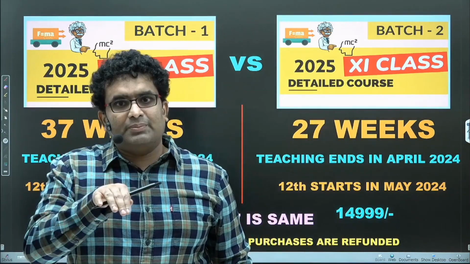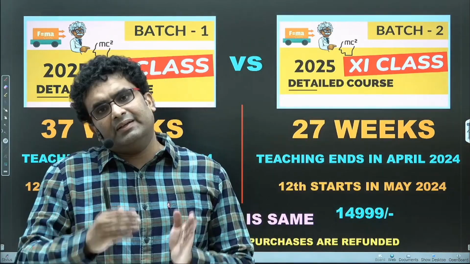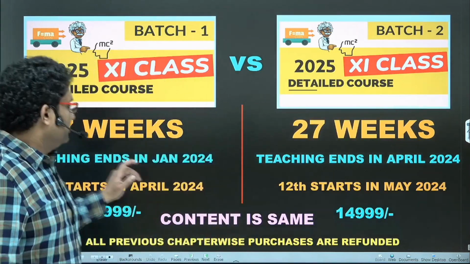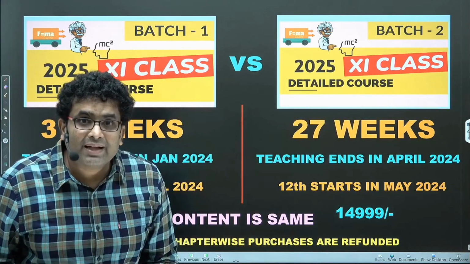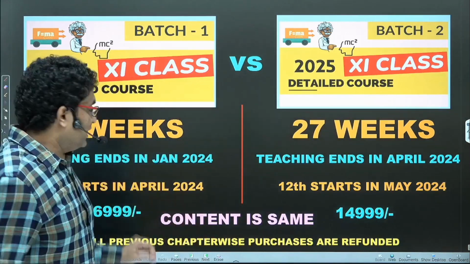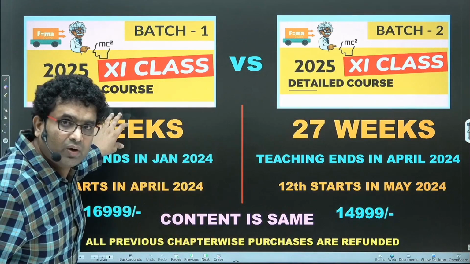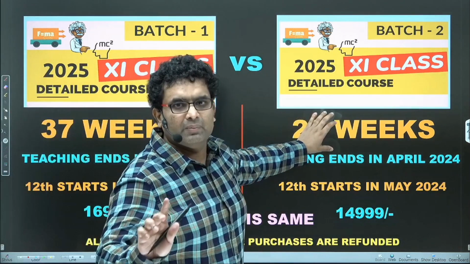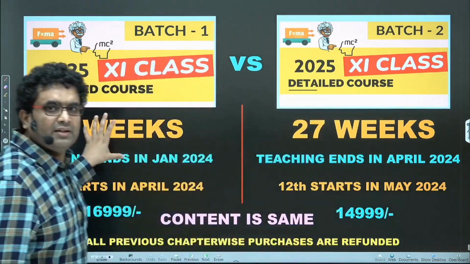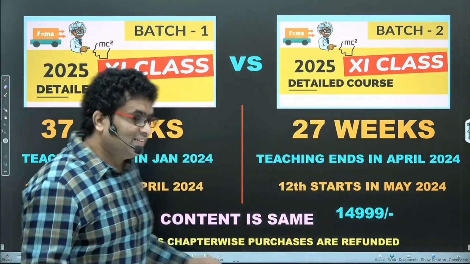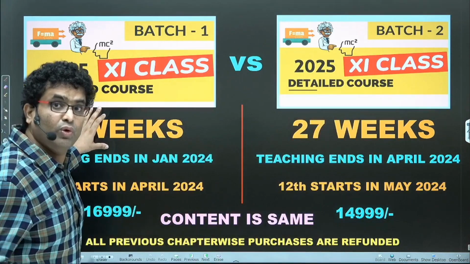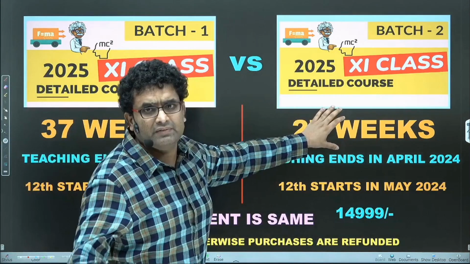In certain chapters you would actually be taking the same time as the batch 1 students have taken. So maybe for the basic maths or vectors chapter, here 2 weeks were allotted, here 1 week will be allotted. For kinematics, if here 3 weeks are allotted, then it will be 2 weeks. But for rotation, if 4 weeks are allotted here, it would be 3 weeks there.